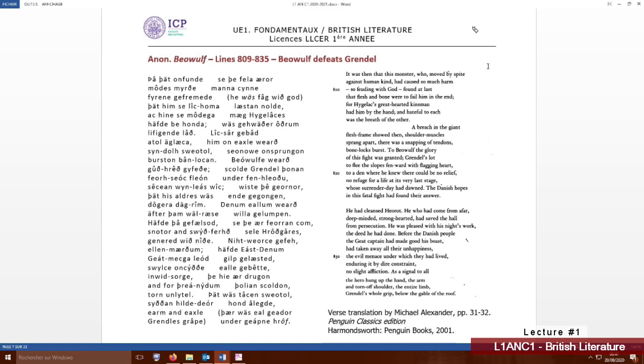And somehow the fight is the answer, the good answer to the hopes of the Danes, the Danes, of course, in the story being the victims of Grendel. Right. If you read the last stanza, you will see again exactly the same thing with this exaggeration.